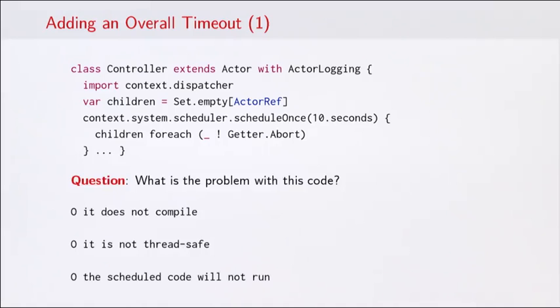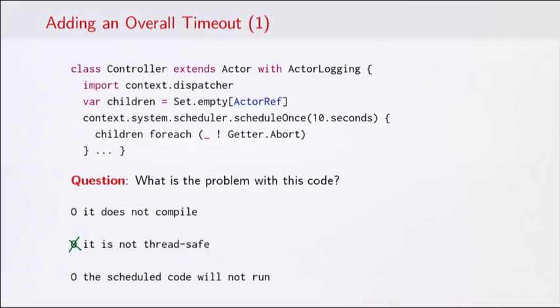Is it that it does not compile, or is it not thread safe, or will the scheduled code simply not run? The right answer is that it is not thread safe. And the reason is that the scheduler will run this code, and it will run outside of the context of the actor. It will not be run by the actor, it will be run by the scheduler.